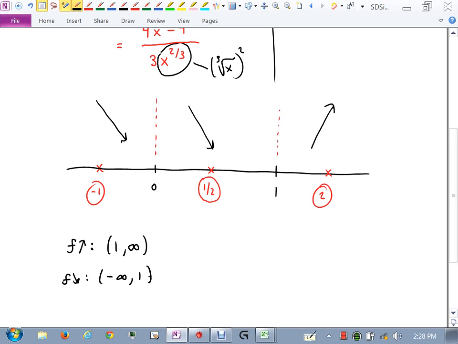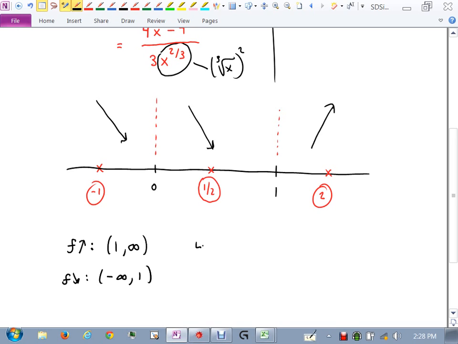The function is defined at 0, so I don't have to take it out and split it up and make sure I jump over that point because it's part of my function. The derivative wasn't, that's okay, but the original function was. Yeah, the original function is what matters when you're talking about the domain or the interval where a function is behaving a certain way. All right, then that's where it's going up and down.